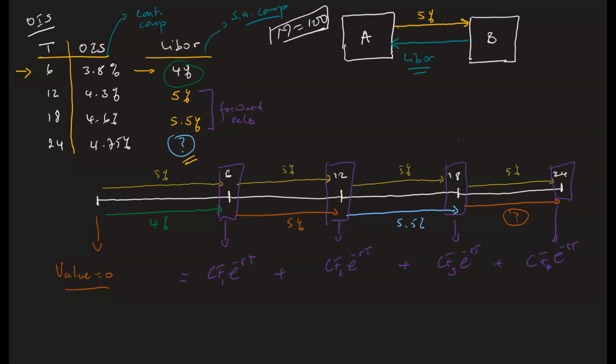That means the sum of those present values is essentially equal to 0 because the value of the swap agreement is equal to 0.